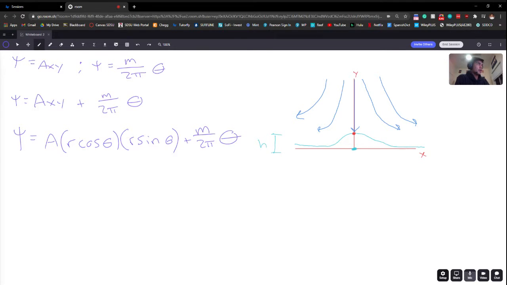Now, this is a trig identity: sine 2x is equal to 2 sine x cosine x. So a stays the same, r squared, and then we have sine 2 theta over 2. And the second part stays the same.